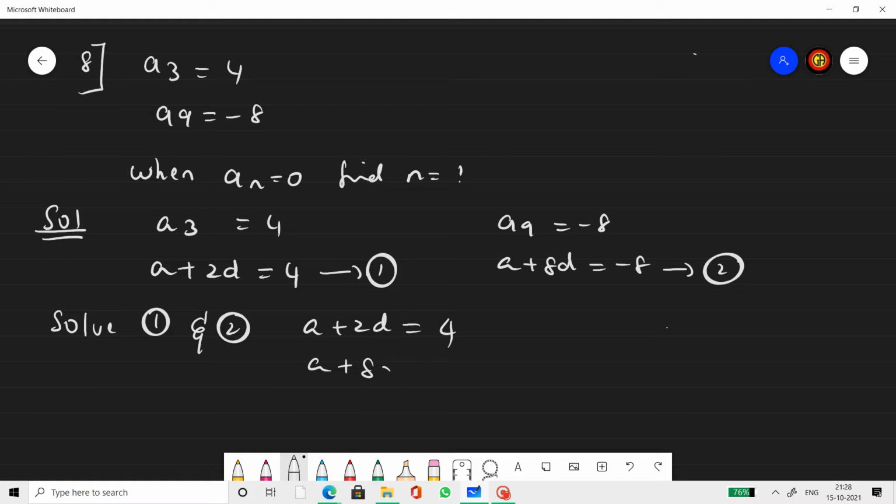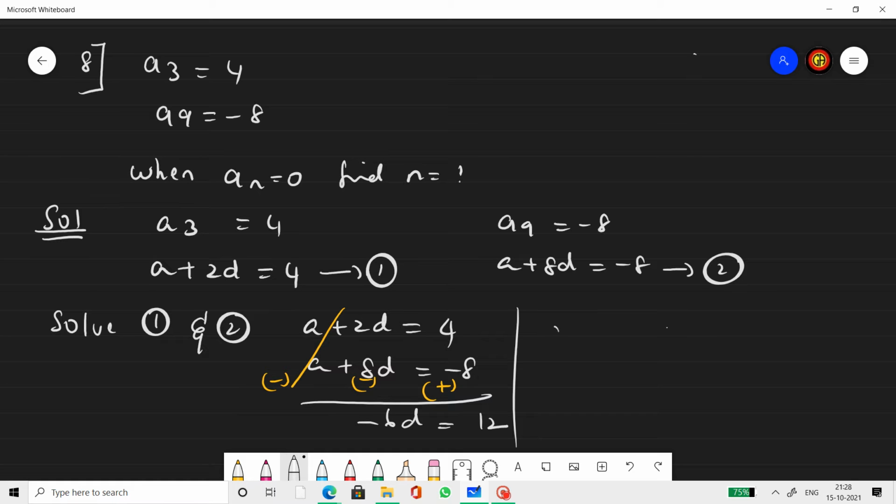A plus 8D equals minus 8. Elimination. A gets cancelled. So we get minus 6D equals 12. So through this we get D as minus 2. When D is minus 2, substituting D in one of the equations, A plus 2 into minus 2 equal to 4. So A equals 4 plus 4, A equals 8.